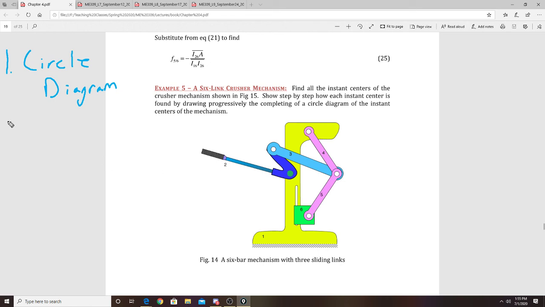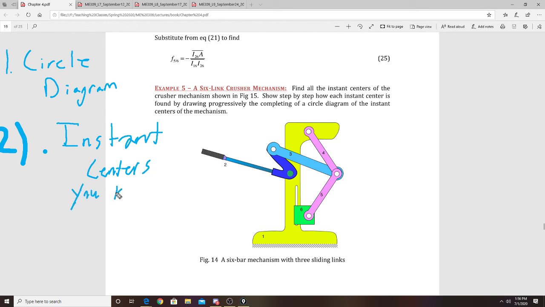I forgot to do any more steps. So step 2, this is not a very long question, or long steps. Essentially, step 2 is do the instant centers that you know. And what I mean by that is that the instant centers you know are the ones that you can find just by looking at it.